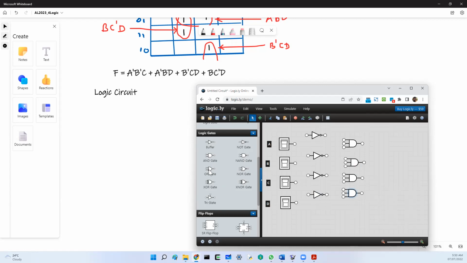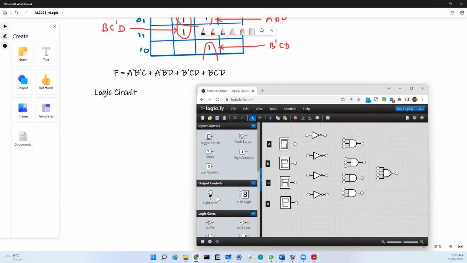AND gates are okay. So one single OR gate, but this time we need to have 4 inputs. And then to represent the output, I have a bulb.